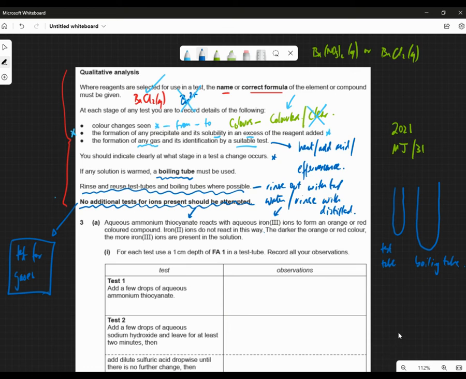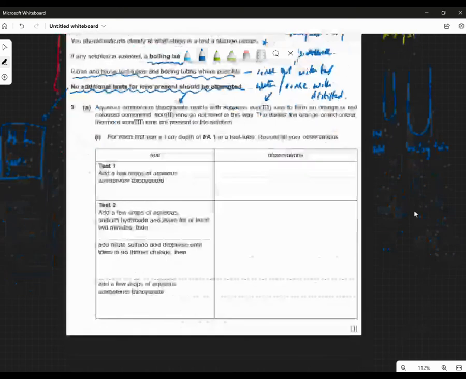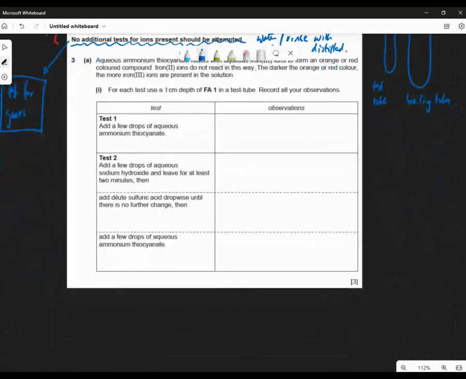For each test, use a 1 centimetre cube depth of Fa1 in a test tube. Record all your observations. Now, Fa1 is iron 2 sulfate, so it's got Fe2+ ions in. And as it just said above, iron 2 ions do not react.